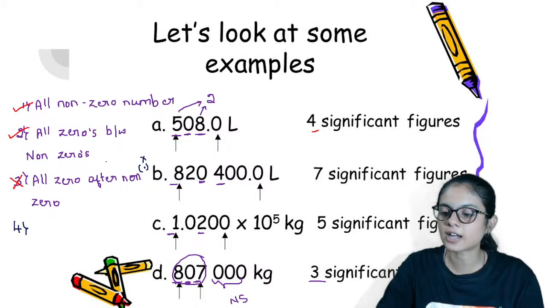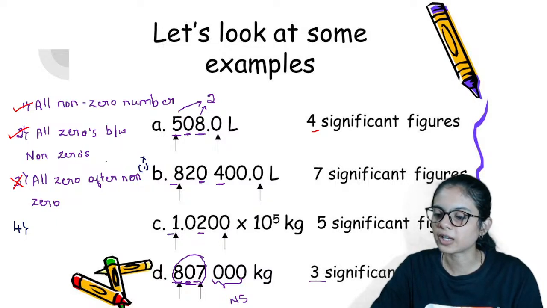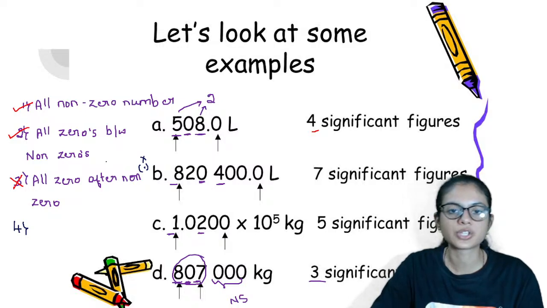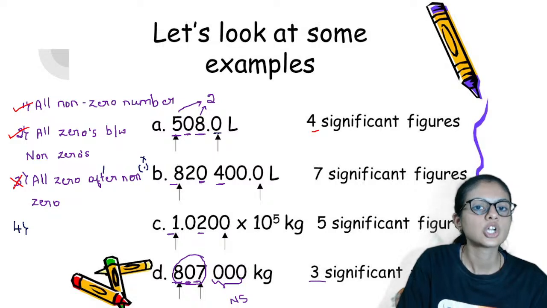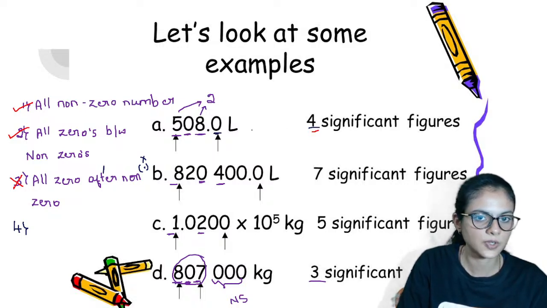The next point says that the trailing zeros in a number with a decimal point are significant. The trailing zeros, the zeros that come at the last after the point. Here there is a point, after the point I have a number here, so this is also significant, so I'll get four significant figures.